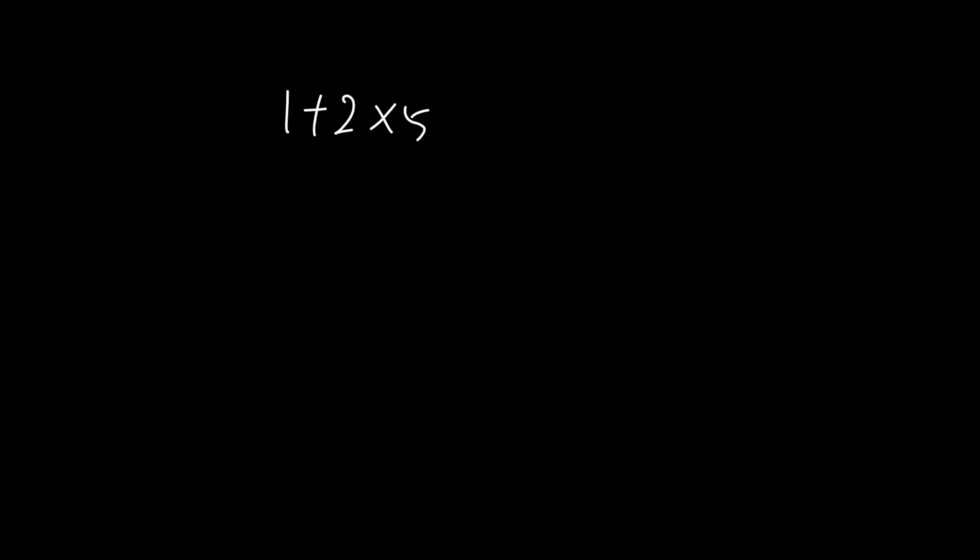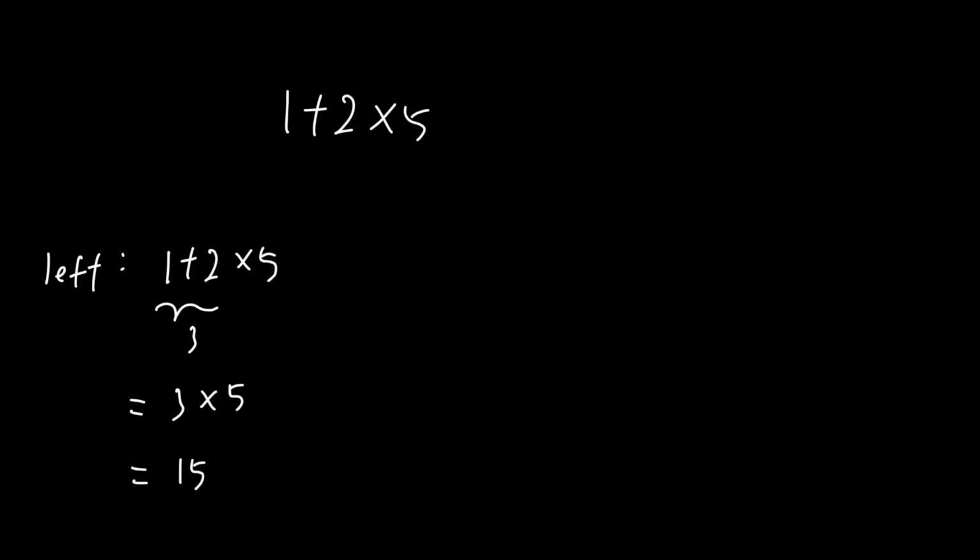Let's say we start from left. 1 plus 2 times 5. We start from left. 1 plus 2 is 3. So it equals 3 times 5. And 3 times 5 is 15.